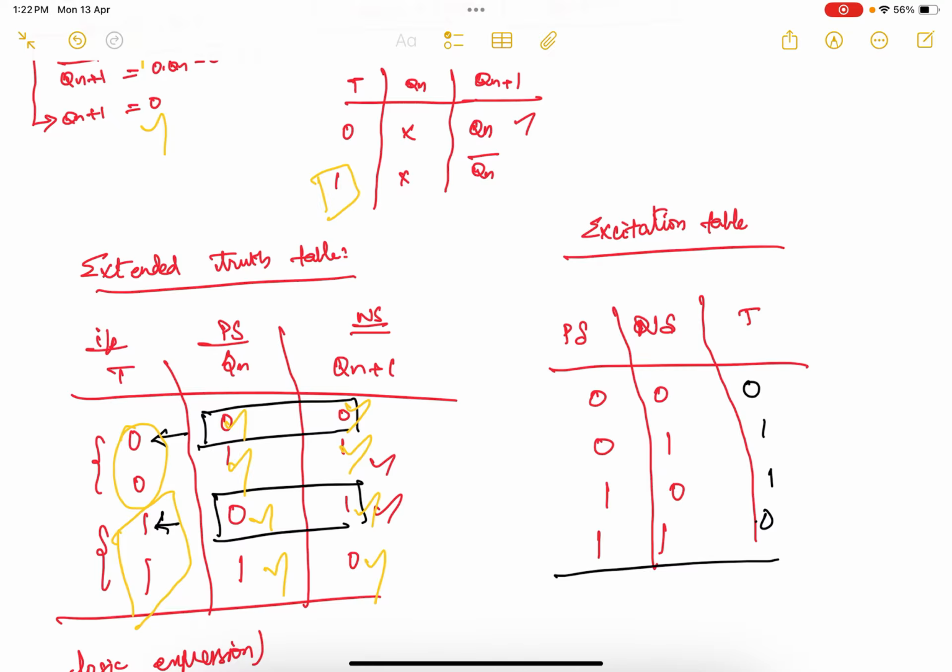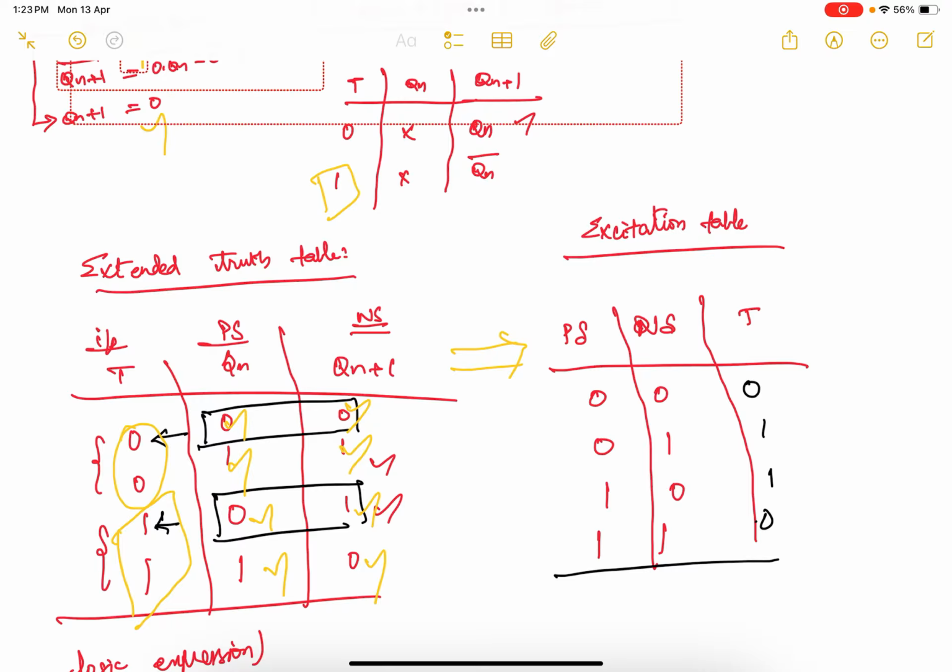Based on this expanded truth table, we have also written our excitation table. The excitation table is given by your present state and the next state.